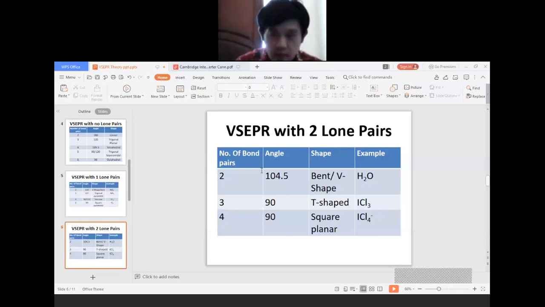So there is a repulsion. One OH with one OH, there is an angle of 104.5. So the repulsion between two lone pairs is very great. That makes the angle of the bonding pairs very small.